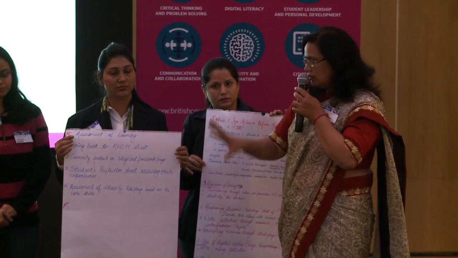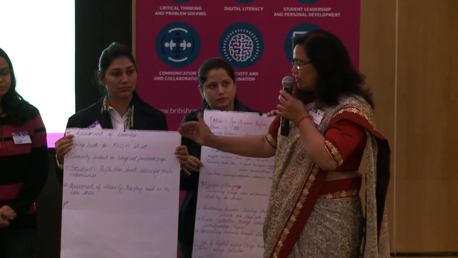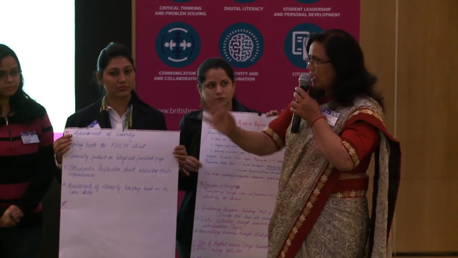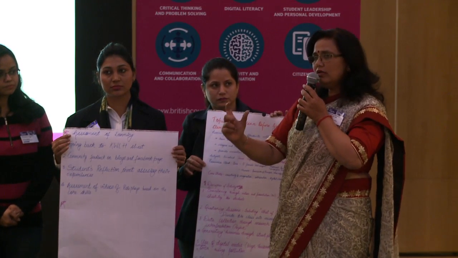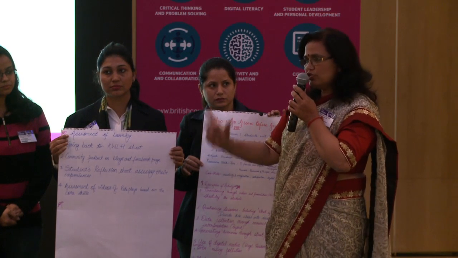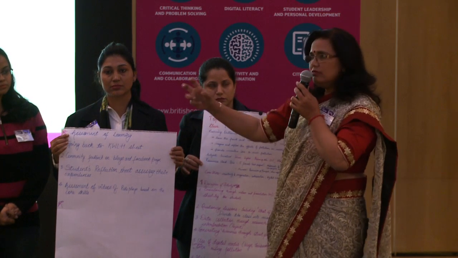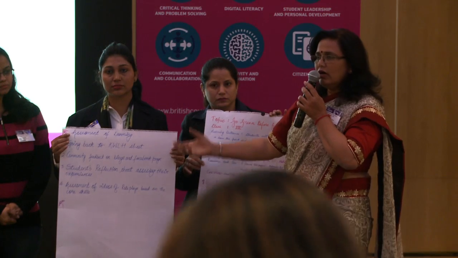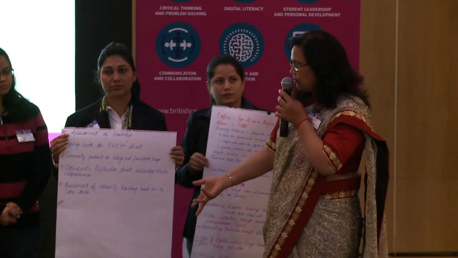Assessment of learning: going back to the class, the students will again complete their KWLH sheet, where they show whether what they have learned or are learning has been productive or not.